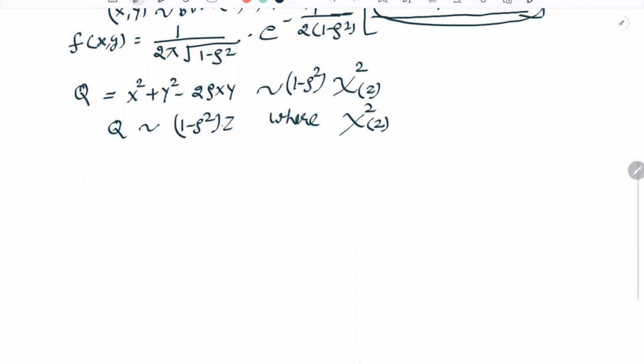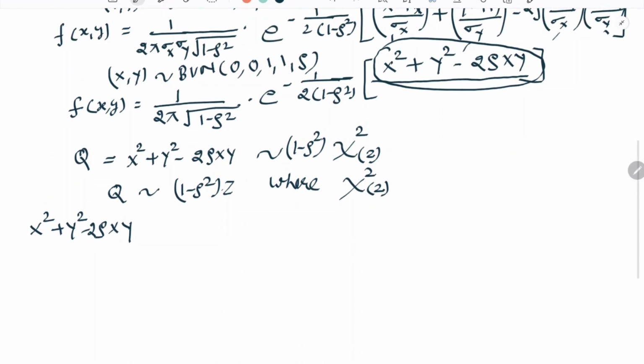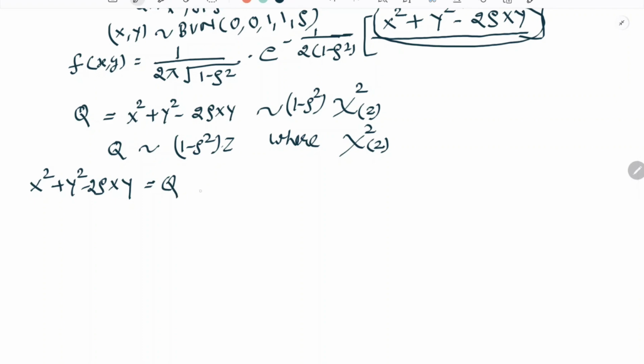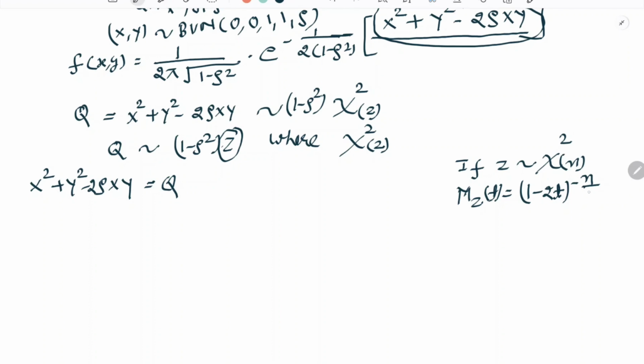So to find the moment generating function of this quadratic form Q, that is x square plus y square minus 2 rho xy, which equals Q, we need to find the moment generating function of Z. If Z follows a chi-square distribution with n degrees of freedom, then the moment generating function of Z is nothing but 1 minus 2t to the power minus n by 2.